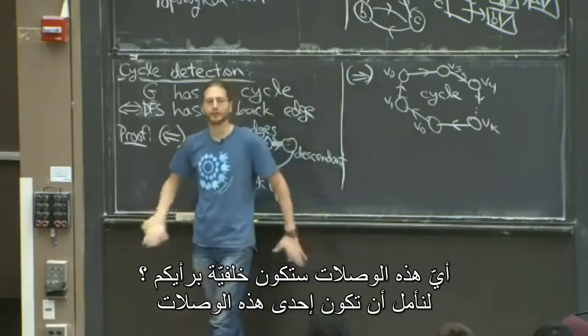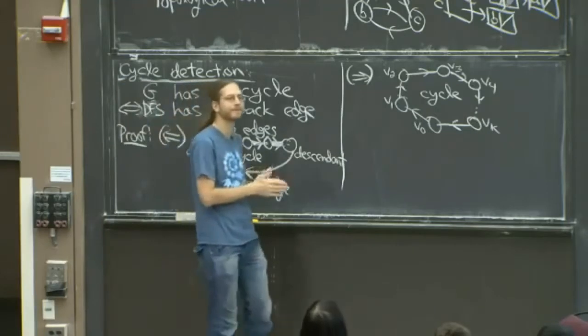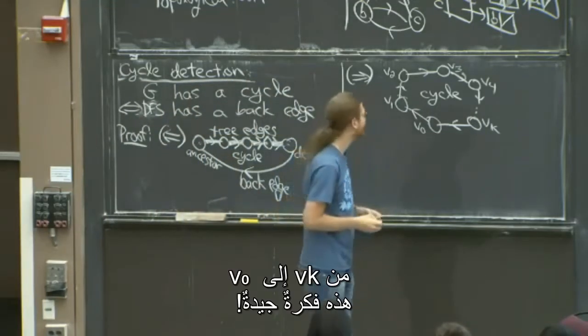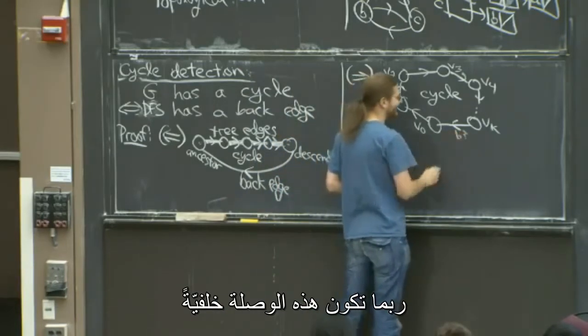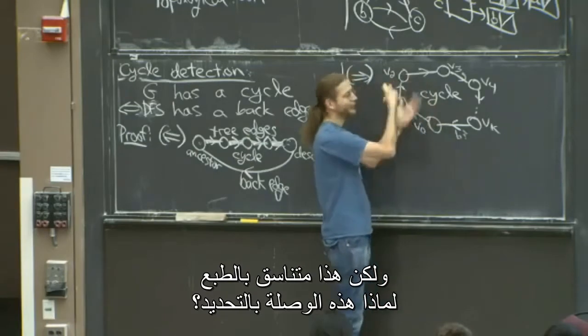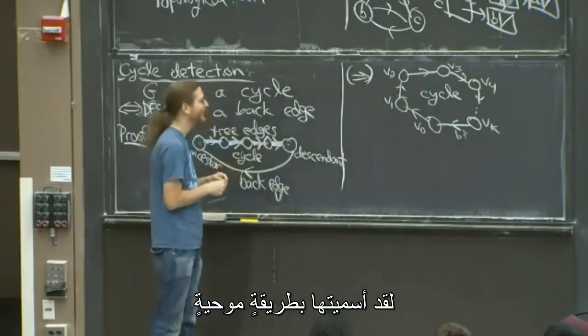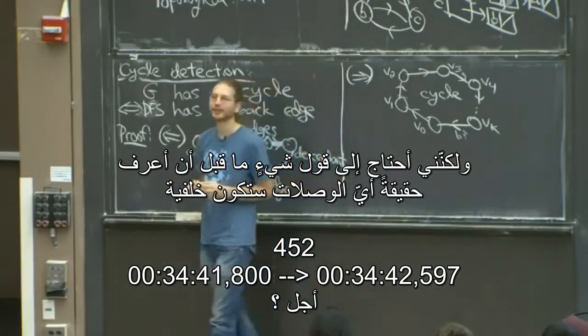Which of these edges do you think is going to be a back edge? Let's hope it's one of these edges. Sorry? Vk to V0. That's a good idea. Maybe this is a back edge. Of course, this is symmetric. Why that edge? I labeled it in a suggestive way. But I need to say something before I know actually which edge is going to be the back edge.